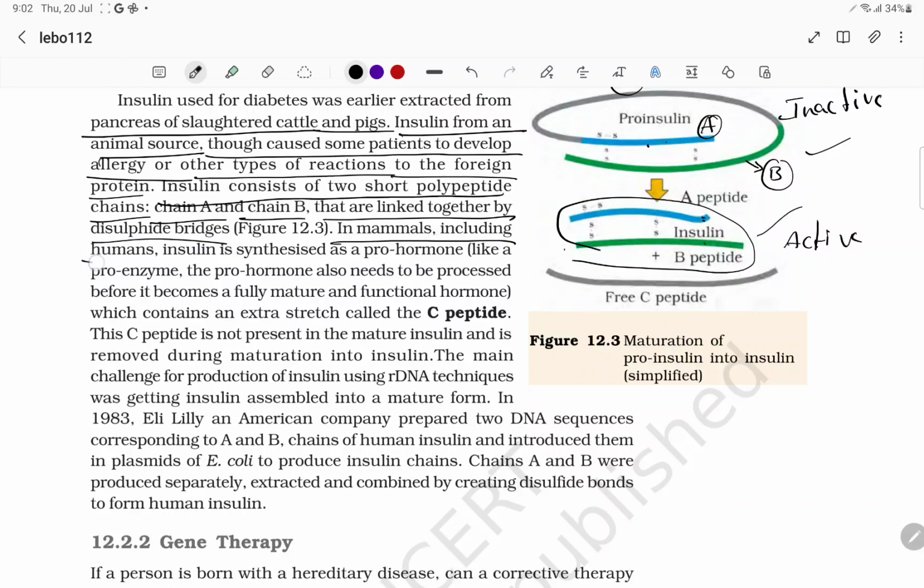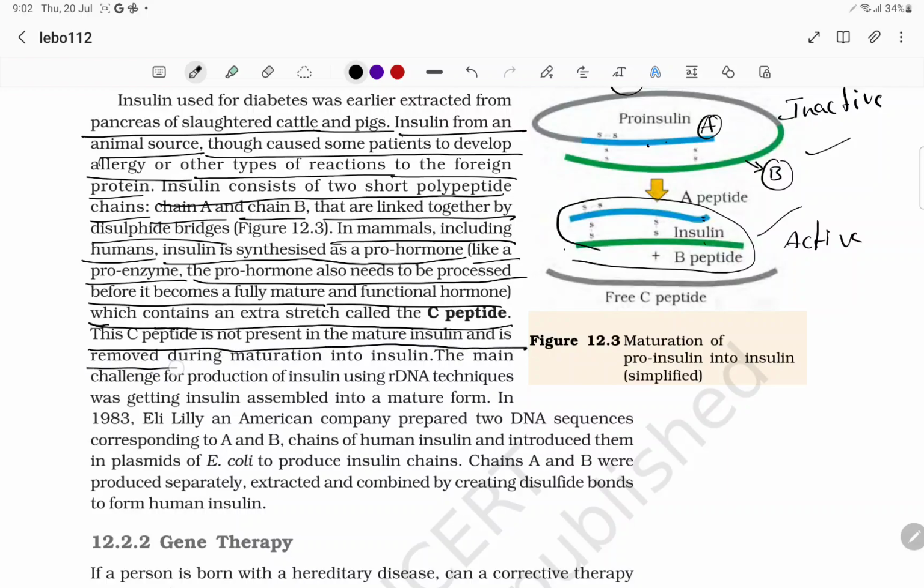In animals, including humans, insulin is synthesized as a prohormone, like a proenzyme. The prohormone needs to be processed before it becomes a fully mature and functional hormone, which contains an extra stretch called C peptide. The C peptide is not present in the mature insulin and is removed during maturation.